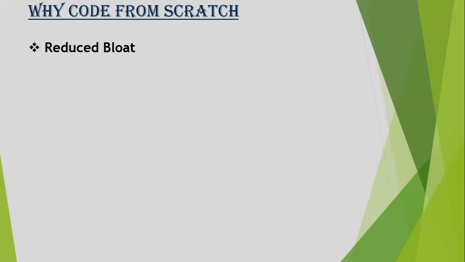So obviously, the other point is reduced bloat, which I also talked about, that sometimes you might want to develop a site and you want specific features. You don't want some other additional features. But you find that maybe the default theme that you're using, or the one that you've bought, brings in some other functionalities that you may not need.